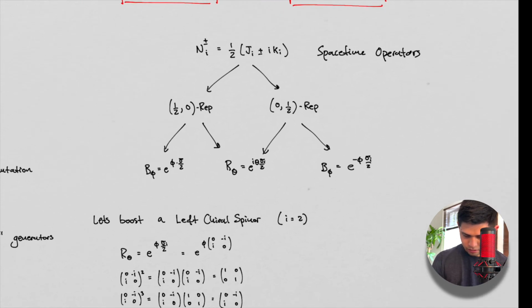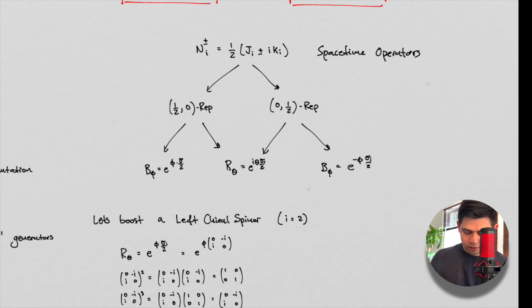And then this broke down into two different representations, right? And both representations had similar rotations, but their boosts were opposite to one another, right?